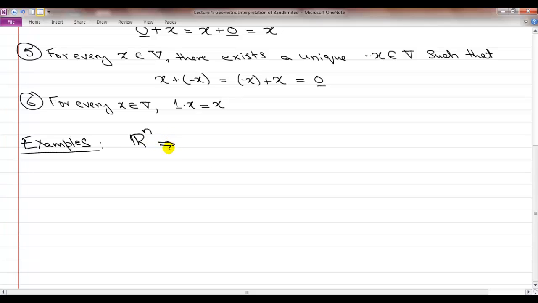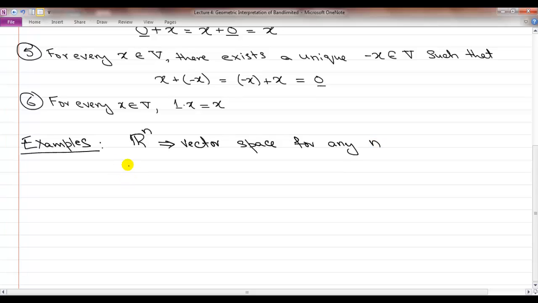So it is a vector space for any n. We can verify that the origin is a typical 0 vector, 0, 0, 0, 0. We know how to add in Rn vectors, we know how to multiply things, and they all hold.